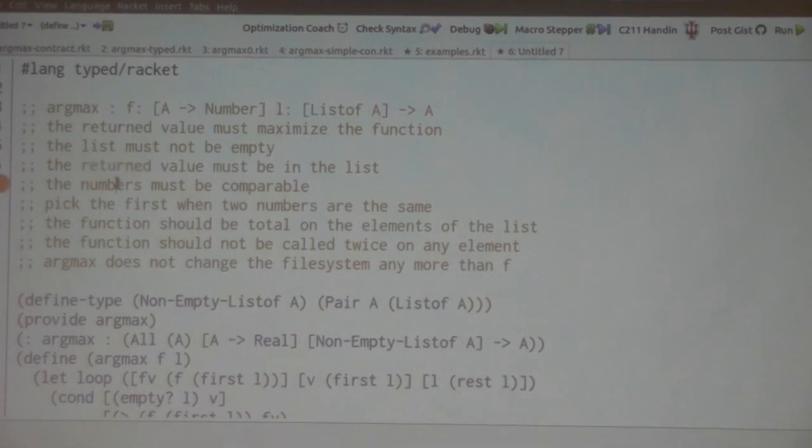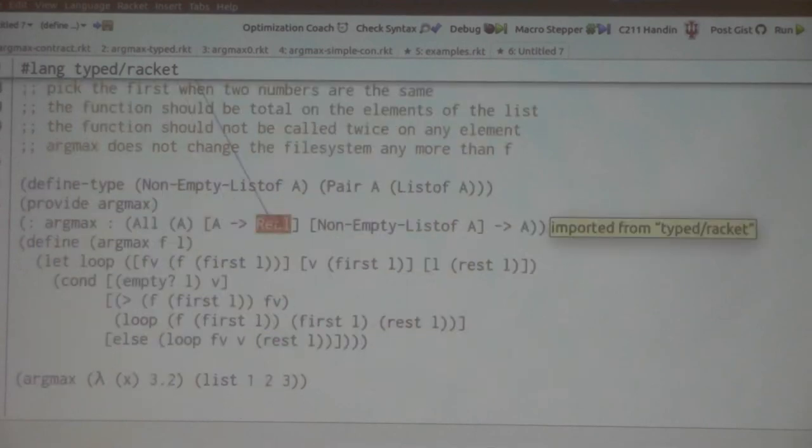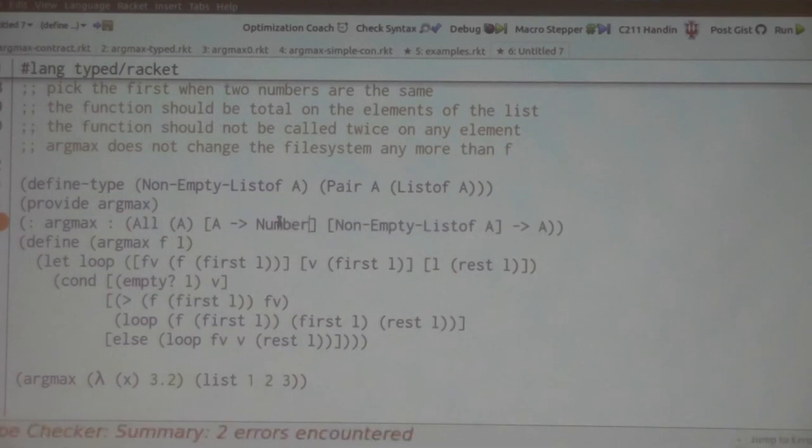The numbers are comparable, like we said, because the reals are totally ordered, or so we pretend. We had to write down real here to tell the system that we wanted things that we could compare. If I just wrote number here, we get a type error.